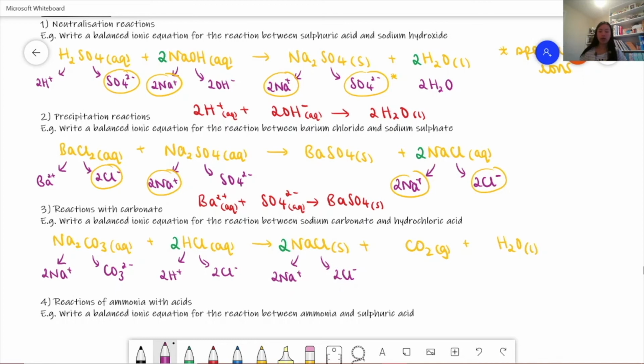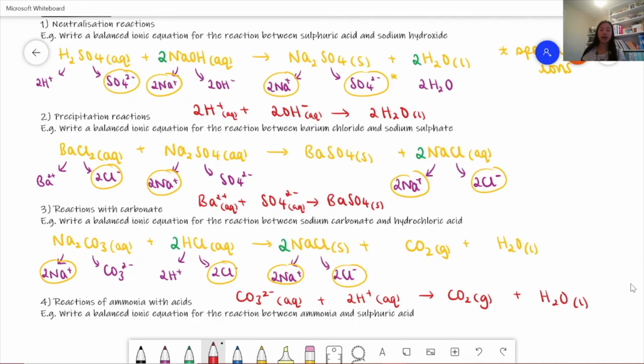So again, we spot our spectator ions, which are these Na pluses and also the Cl minuses. So our ionic equation is CO3 2-, which is aqueous, added with 2 moles of H plus, so basically the acid, and this will form our carbon dioxide gas and water.